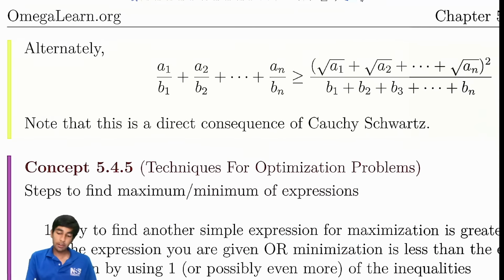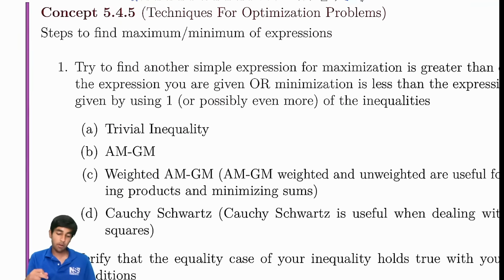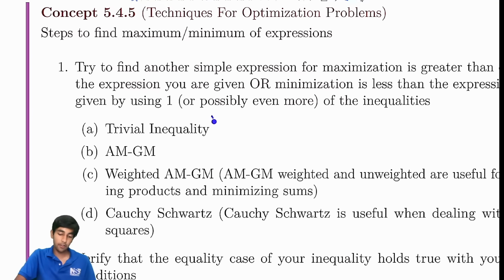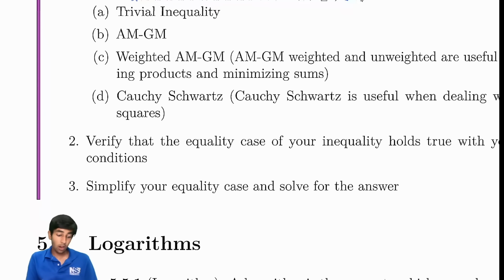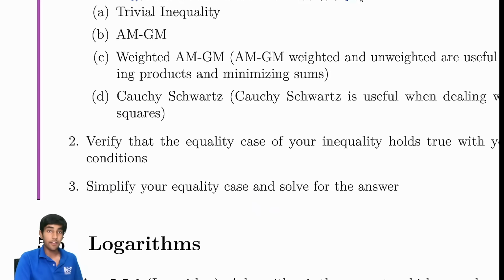Okay, now moving on to optimization problem techniques. This is just a review. We have trivial, AM-GM, weighted, and Cauchy. Those are the main ones you need to know. Some things might be true, for example, let's say you're like, okay, x is greater than or equal to 5. But it may not actually be possible that x can be greater than or equal to 5.